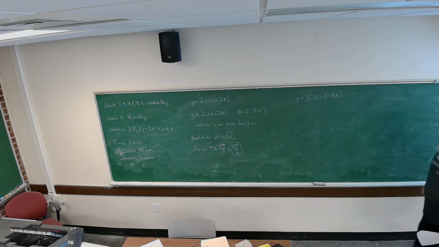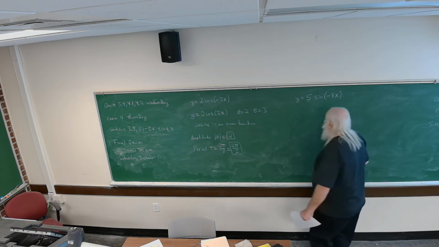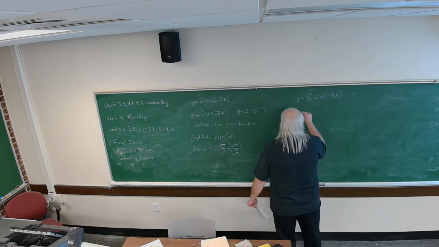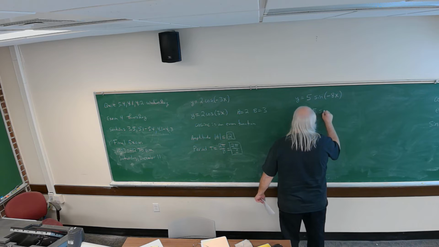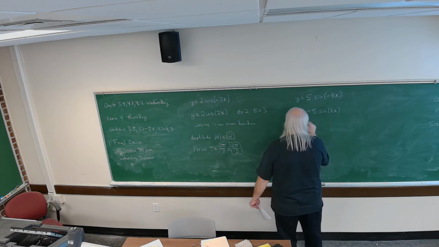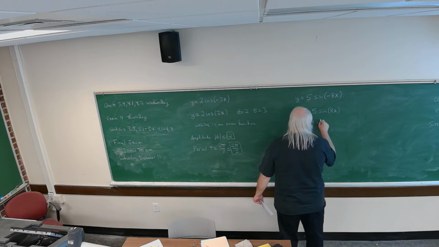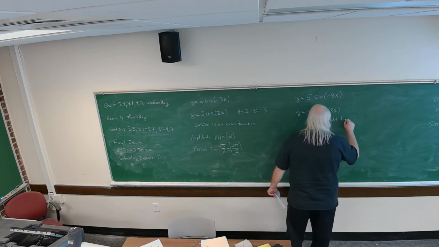So we can pull the minus sign up front. We have y is equal to minus 5 times the sine of plus 8x. Sine is an odd function.